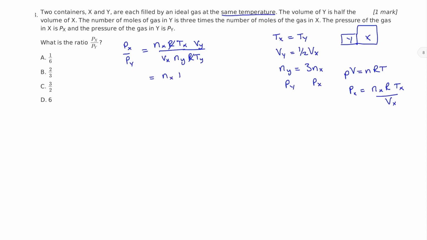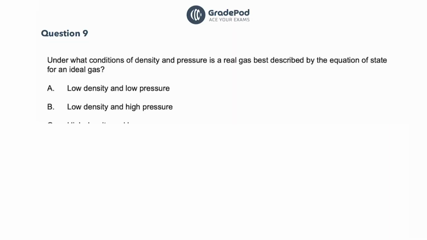So nx Tx Vy over Vx ny Ty. Now, Ty is equal to Tx, so they can cancel out. Vy is equal to half Vx, so nx half Vx. And ny is equal to 3nx, so Vx over 3nx. And suddenly we can start to cancel out other quantities, and we have 1 over 6. So the answer is A, 1/6.